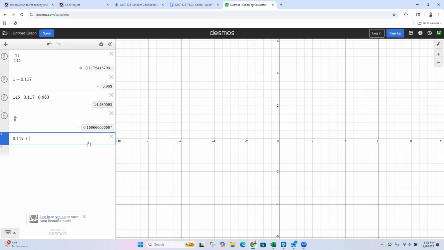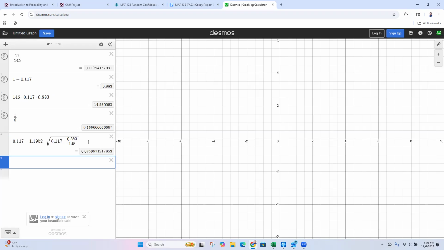Here's my p-value. I'm going to start with the minus. I'm going to start with the -1.1952 times square root, and so on, divided by 145.